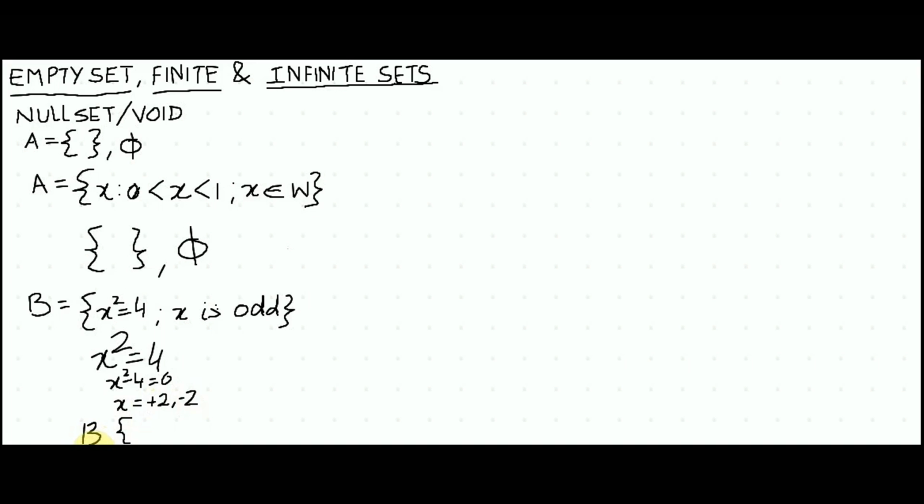I don't think so. So we will represent set B as a null set because there is no possibility of writing any element, and we will also represent it by phi. It is not necessary to represent it in both ways. You can write either phi or braces, but generally we represent it as phi because it is a short form.